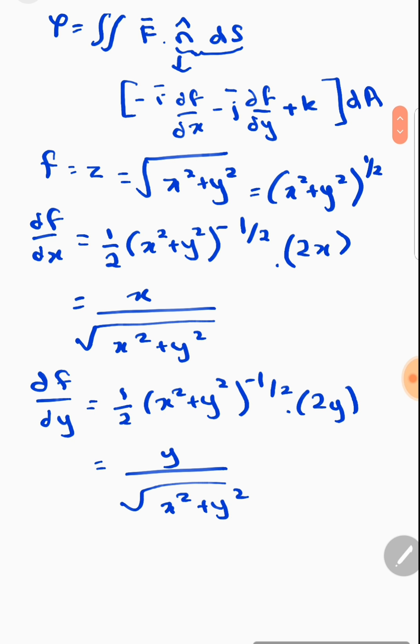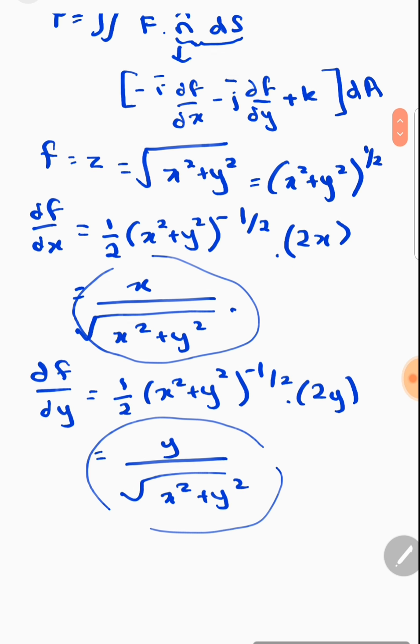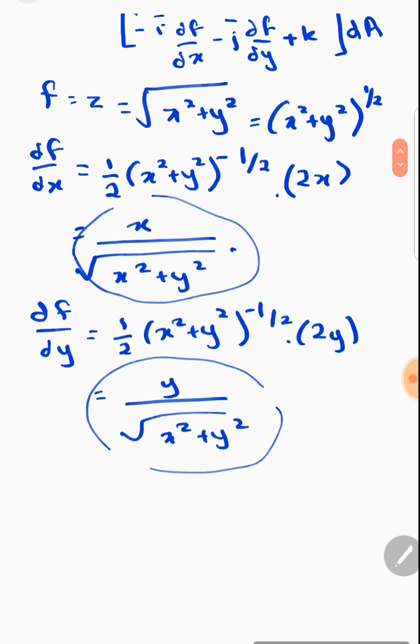Now that I have this, I can put this and this into my equation. Let's start with n dS. My n cap dS, you can see it from the top here. I'm just going to replace everything back as it is.